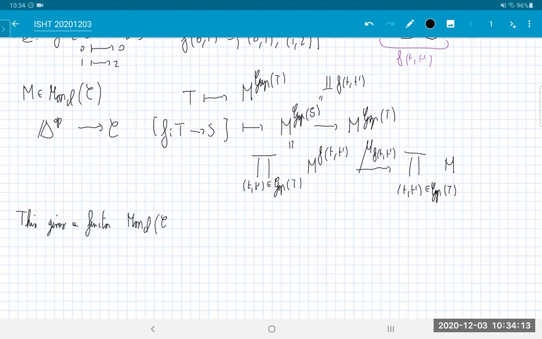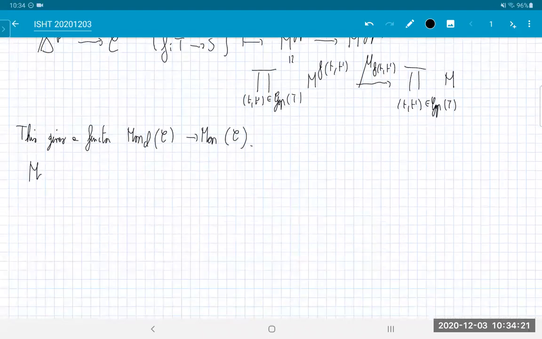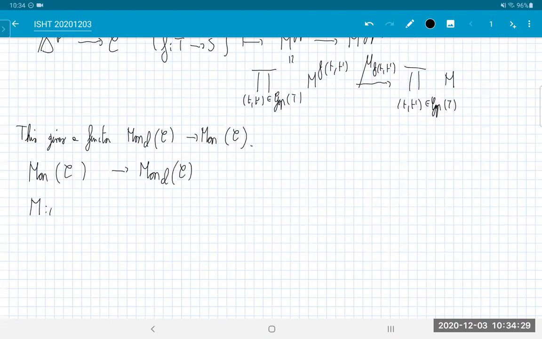Mon classical C to Mon C. And to go in the opposite direction is actually easy. Once you've seen these, you send M, a functor from delta up to C. You need to send a tripole. So how do you do that?